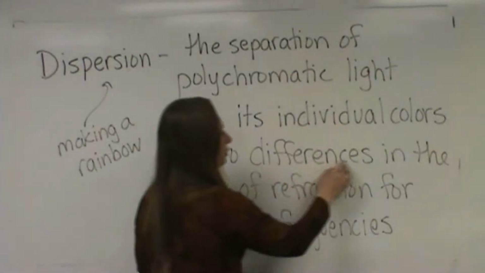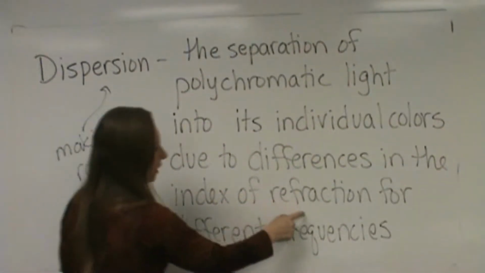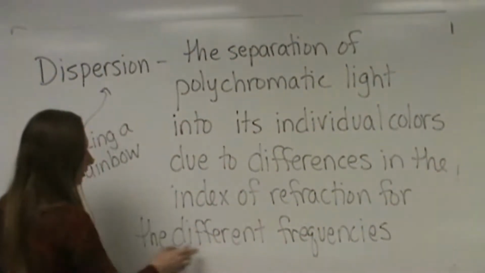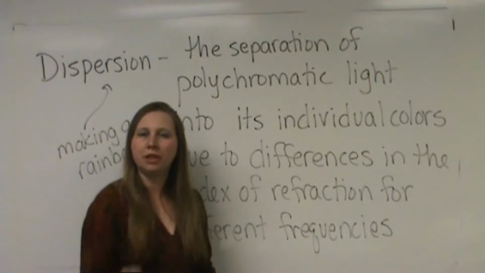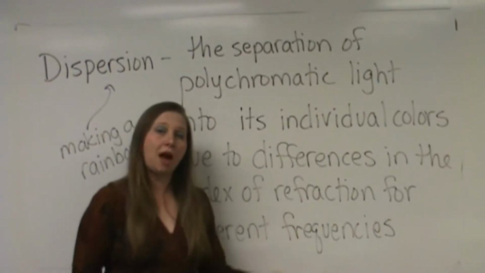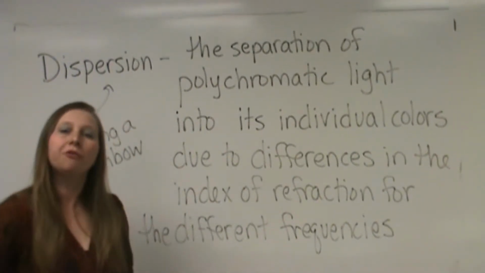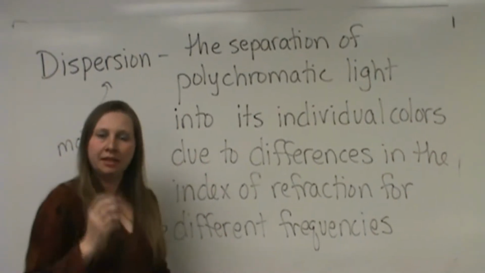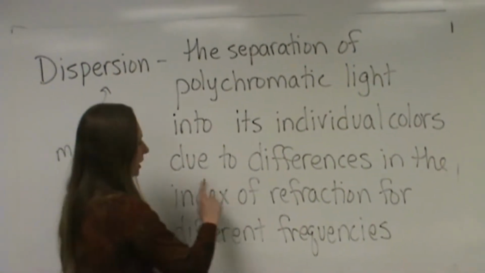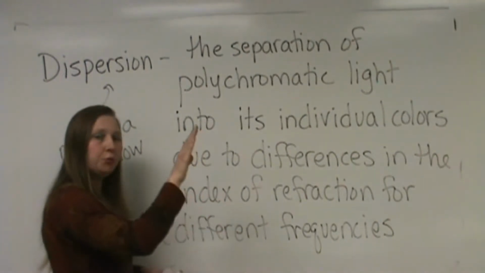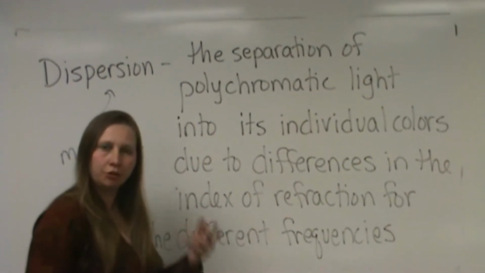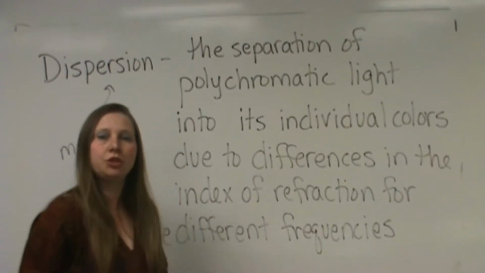They separate due to differences in the index of refraction for the different frequencies. The red light, the orange, the yellow, the green, the blue, the indigo, the violet are all different frequencies, and this actually causes them to have slightly different indices of refraction and to bend to different degrees, thus causing them to separate.